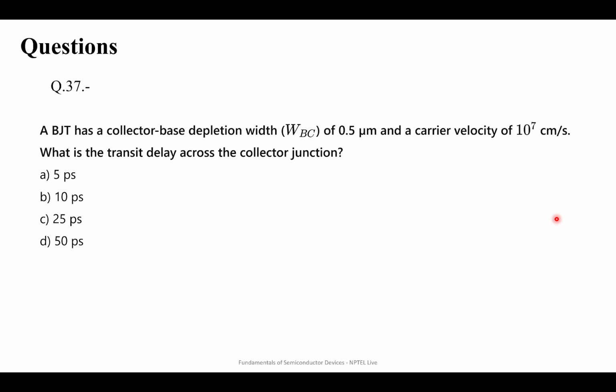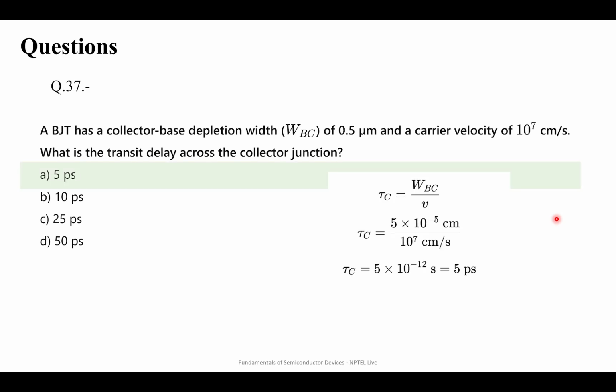Answer A. That would be correct. The answer would be A, 5 picoseconds. Your transit delay across the junction would just be your depletion width divided by carrier velocity. And if you put the values, you will get 5 picoseconds.